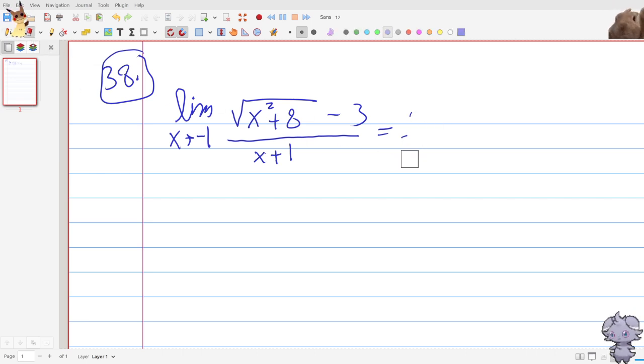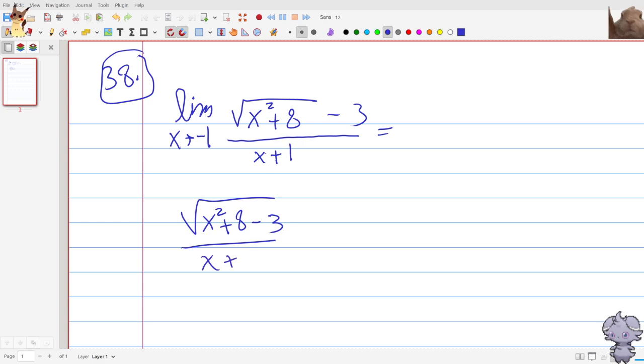There's nothing clearly to factor out here, but we can use a trick to change the expression algebraically into an equivalent form. We do that by multiplying by the radical conjugate. What do we mean by the conjugate?